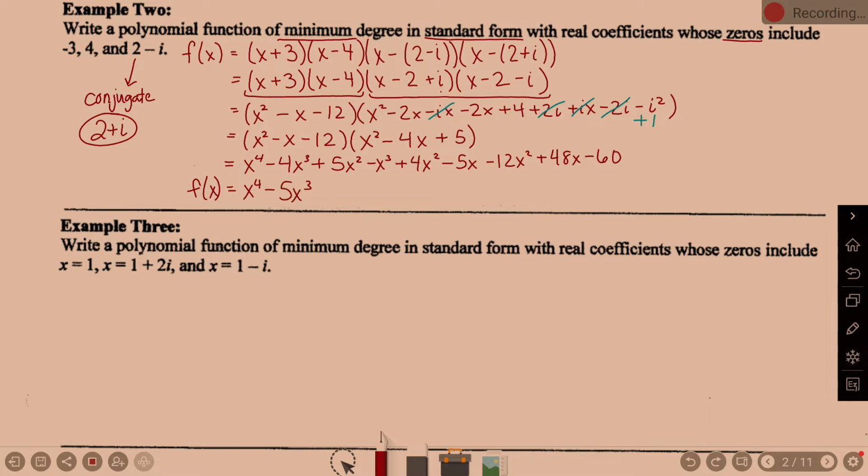So I see a minus 5x cubed. 5x squared plus 4x squared is 9x squared. Minus 12x squared, minus 3x squared is minus 3x squared. Minus 5x plus 48x is plus 43x and minus 60.